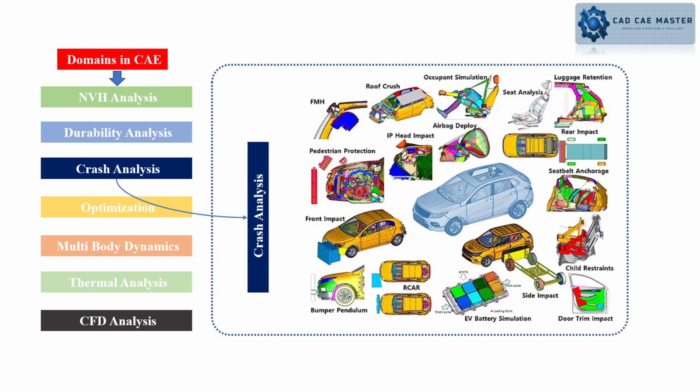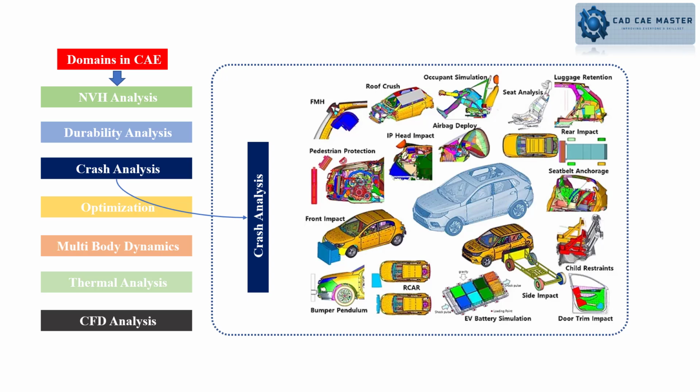So these are a few of the analyses we do when it comes to crash. So you need to have expertise in this domain. So this is highly competitive at the moment in the market. As a fresher, it's quite difficult to get into this domain, but starting with NVH, durability and optimization, you can even grab this opportunity in future.